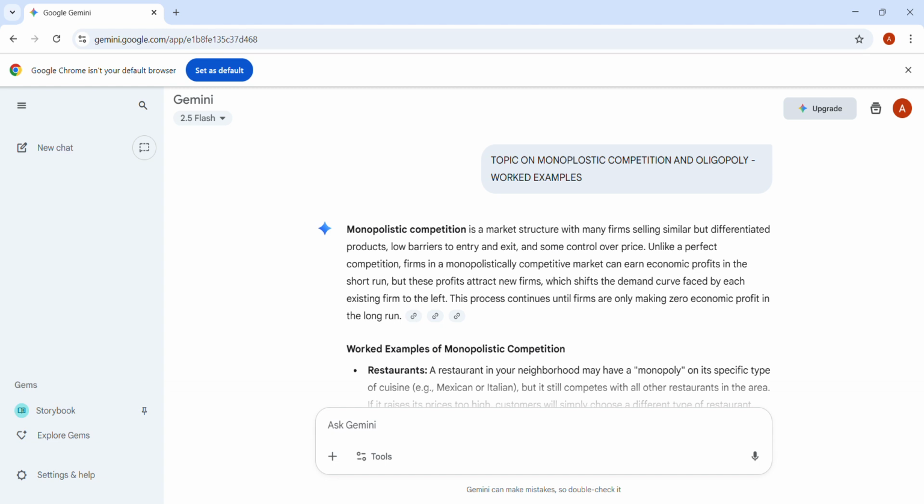For the industry, the elasticity will not be as it is for the individual firm. For the individual firm, the demand curve will be more horizontal or flat. This is telling you that it is more elastic, almost near infinity. That is perfectly elastic.